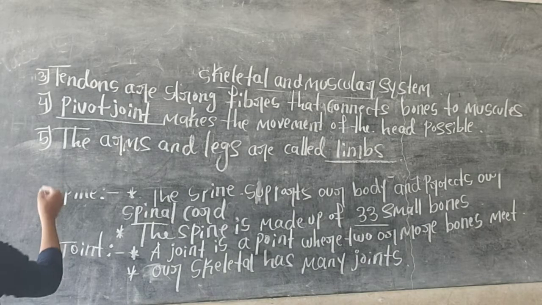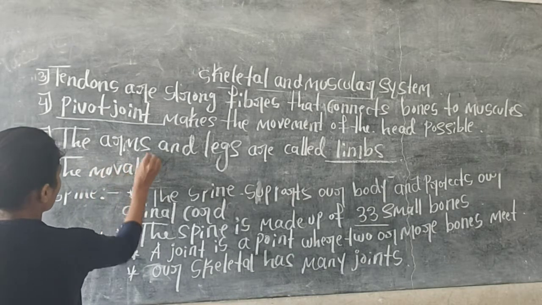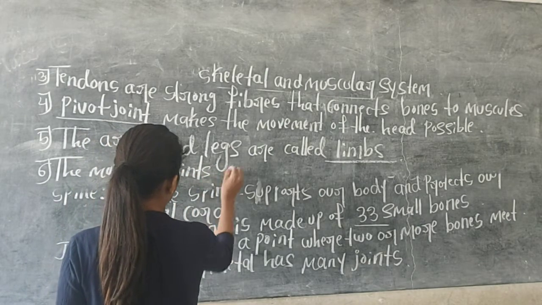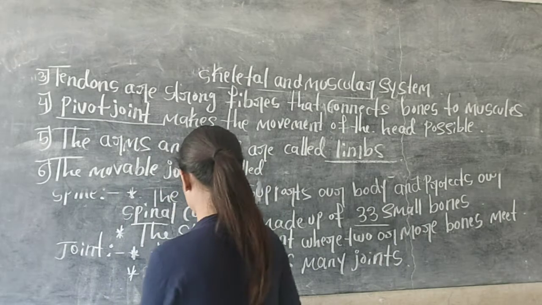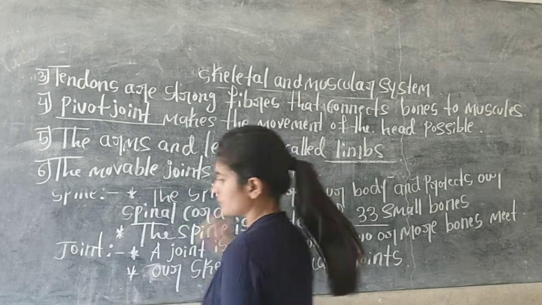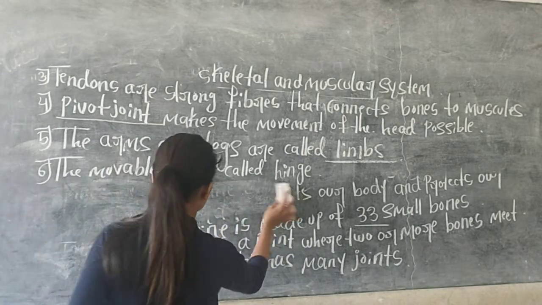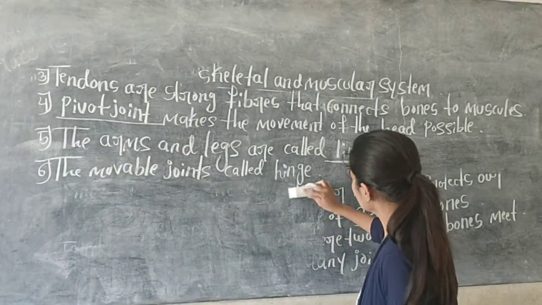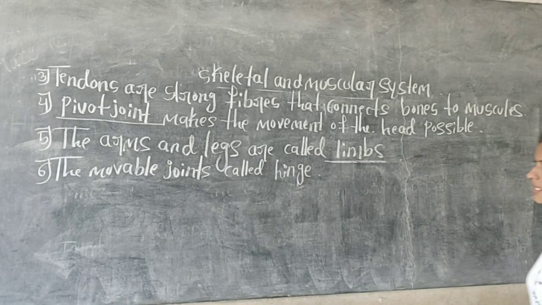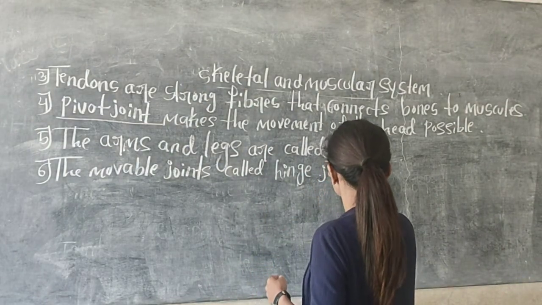The movable joints are called hinge joints.